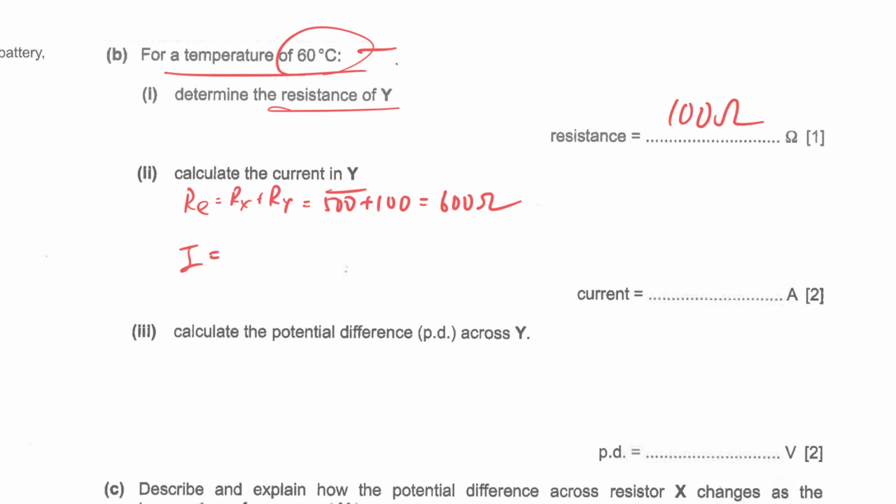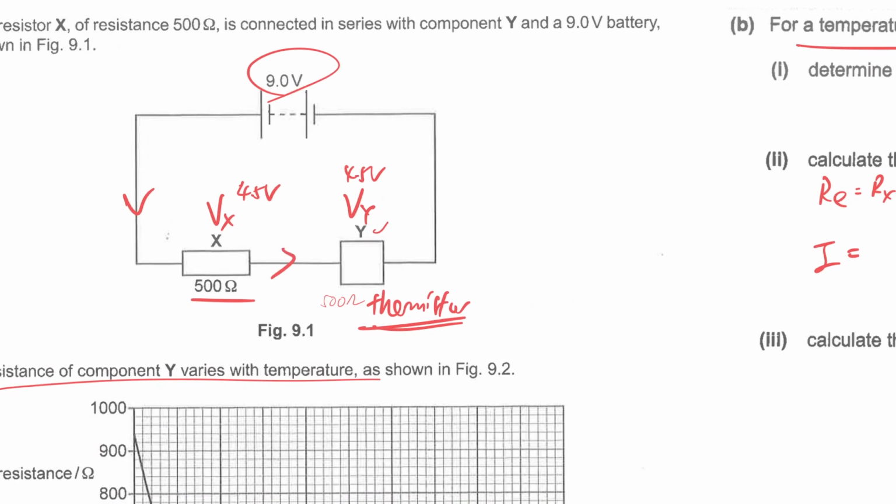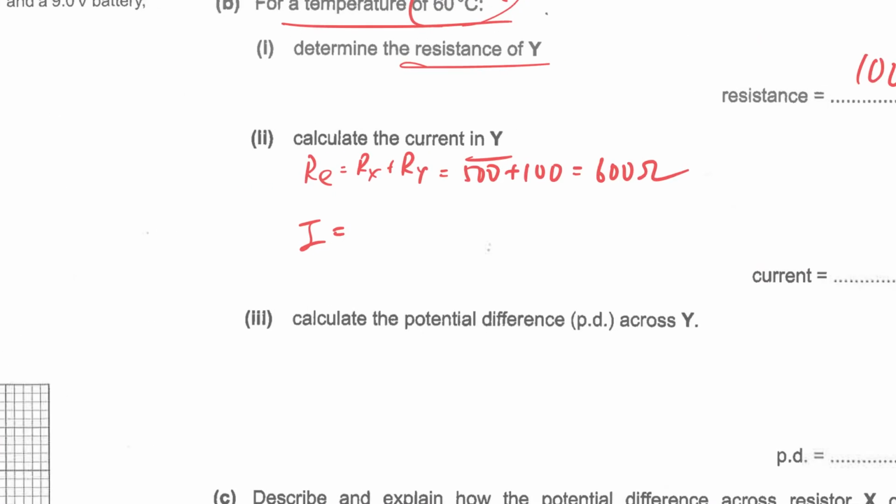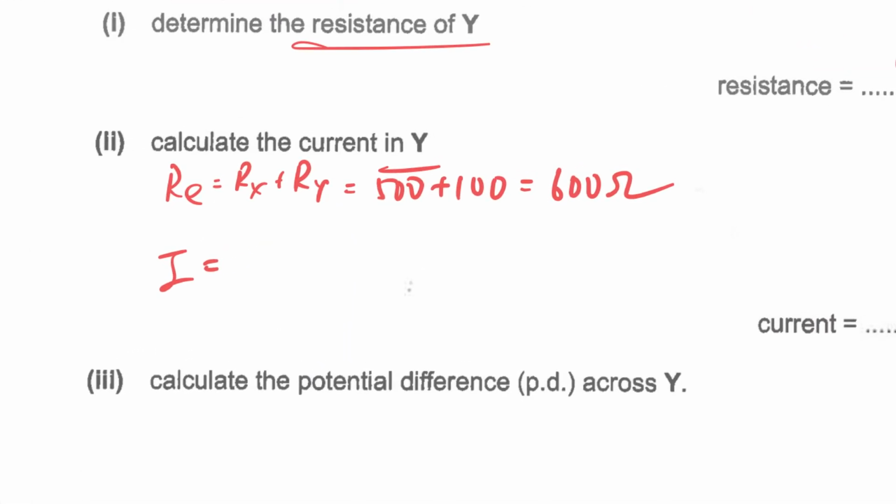The current flowing through the main circuit is the same everywhere and is affected by the total resistance of the whole circuit, which is 600 ohms. So I equals V over R, using the EMF 9 volt and the total resistance, and that will be 0.015 ampere flowing through.